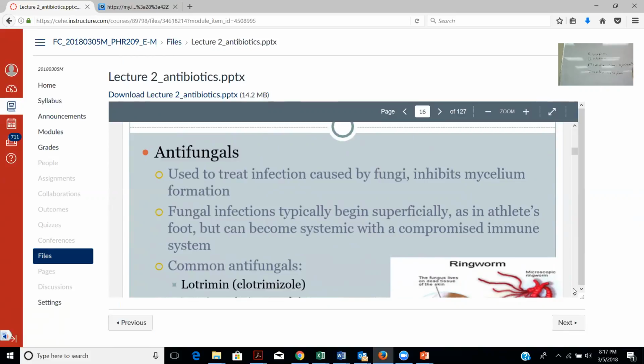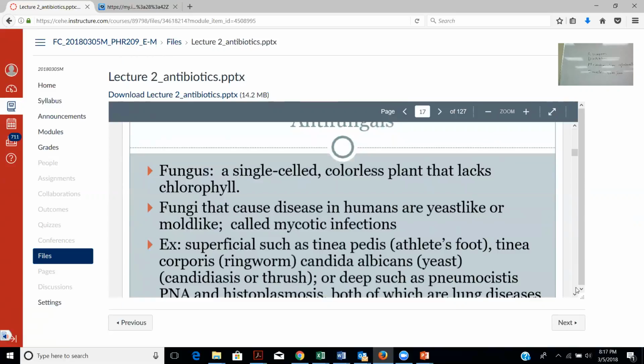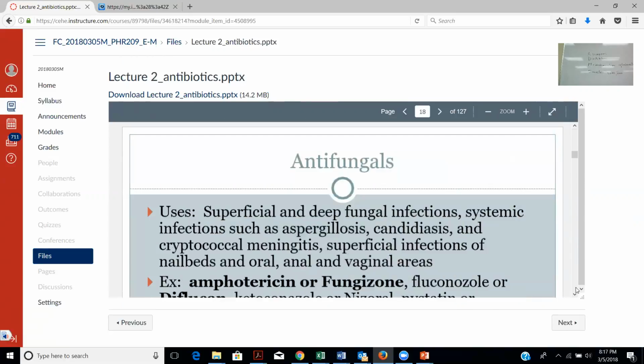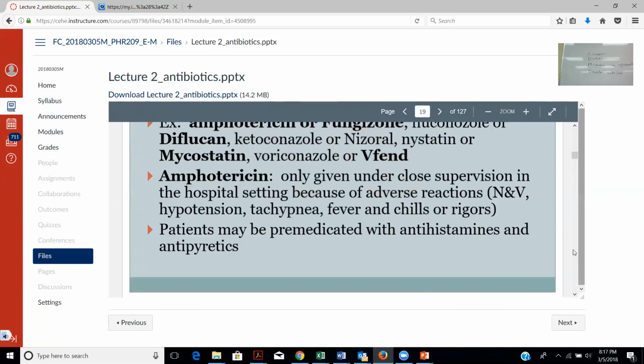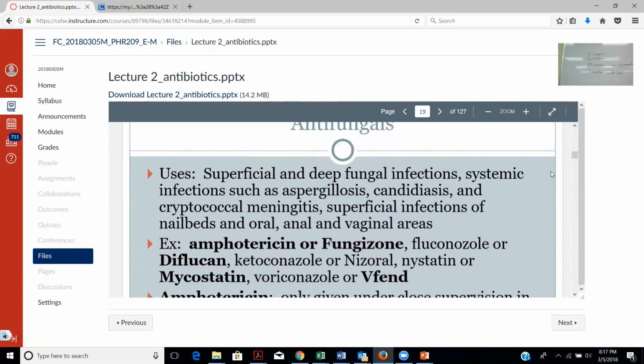But there are a couple, like amphotericin B, that is often given by injection. It is one nasty drug, but it's the only thing that can treat some fungal infections.